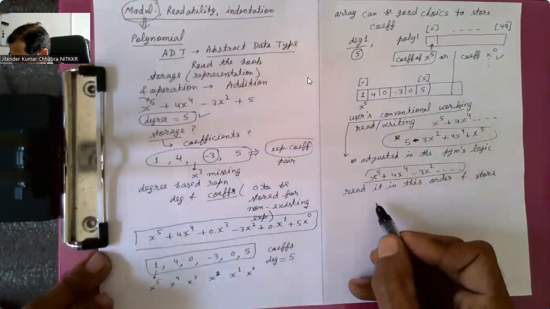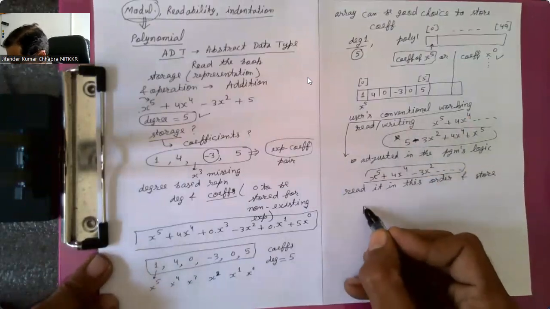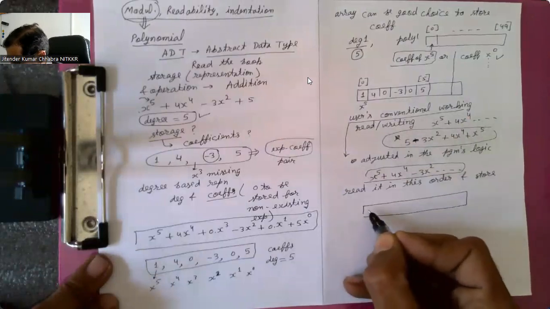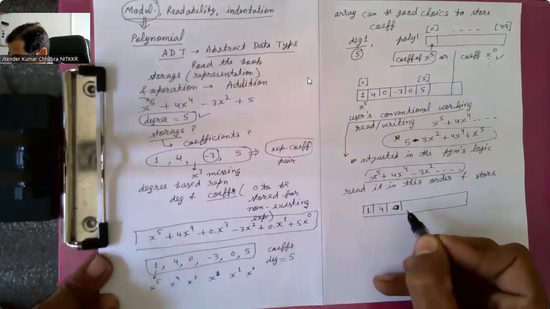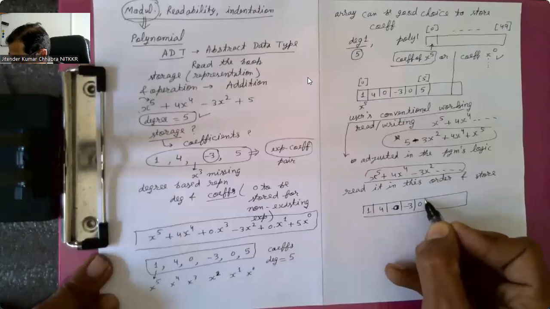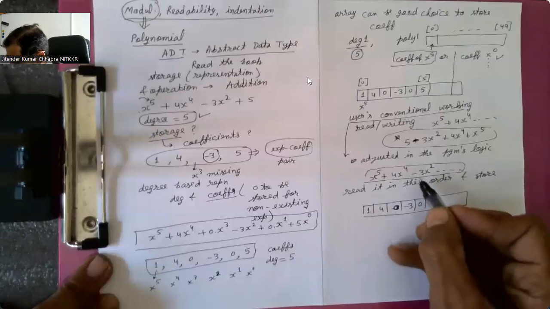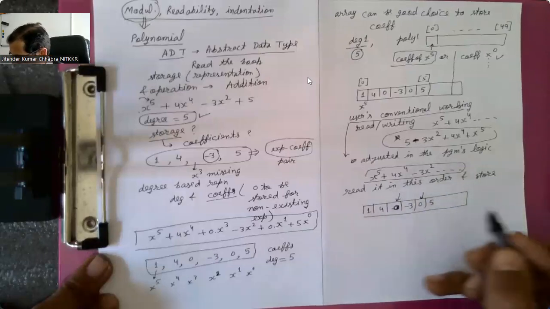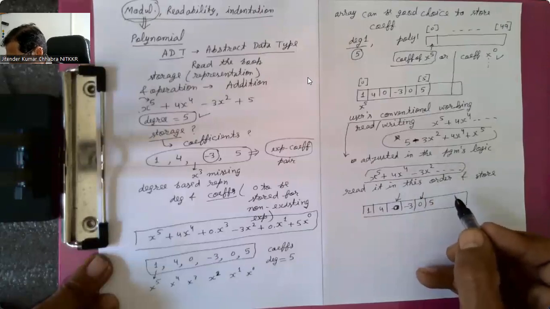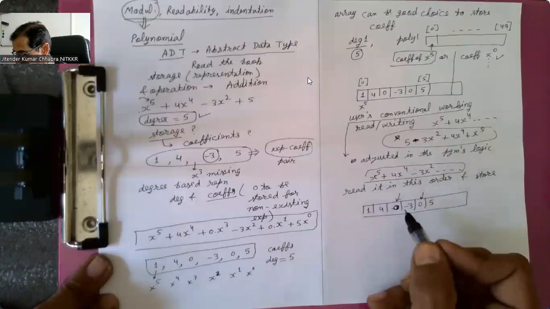So if I read like this, maybe the simplest choice could be to store in the order of coefficients 1, 4, 0, then minus 3, then 0, then 5. Of course, in this case, we are asking the user to input 0 also wherever the term was missing. But that is something we can probably tolerate, or we can even manipulate while taking the input and adjust it.